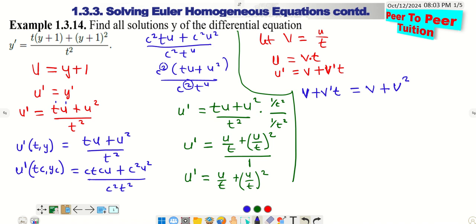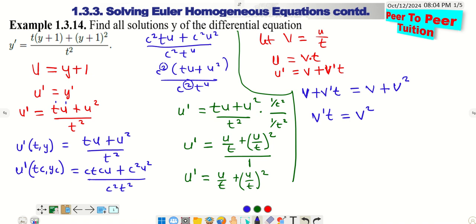Then from here we can try and separate the variables. So let's try and separate the variables, because this differential equation is now in a separable form. You know that there is v here, there is v here, so it will cancel out. Then you'll be left with v prime t should be equal to v squared.